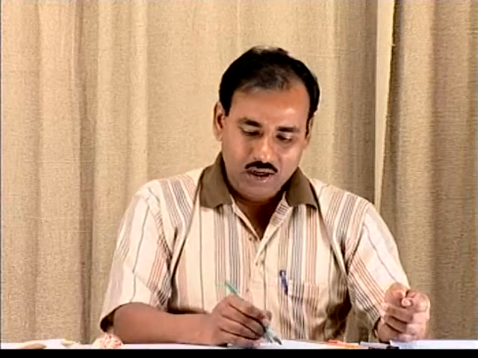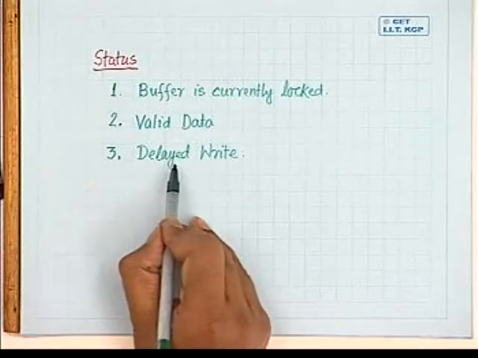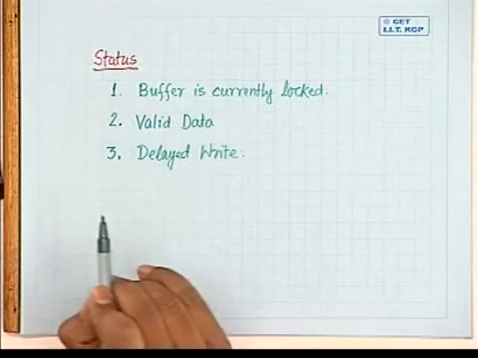So whenever the process wants to make any modification on the disk data, it does not go to the disk immediately; it does that modification in the buffer, because the buffer also contains a copy of the disk data. So it does the modification on the buffer, and the buffer is marked as delayed write.